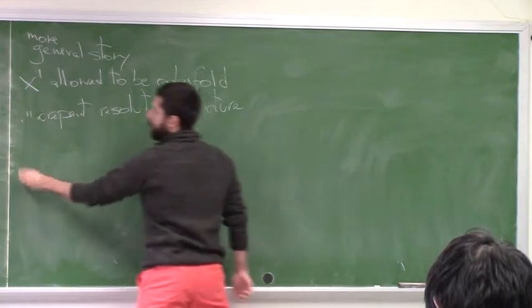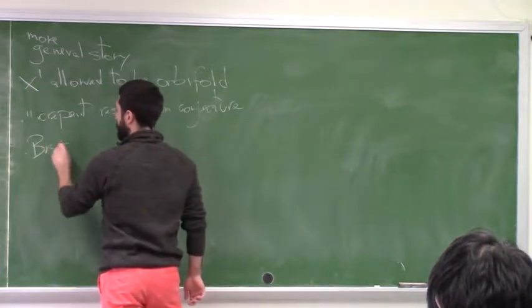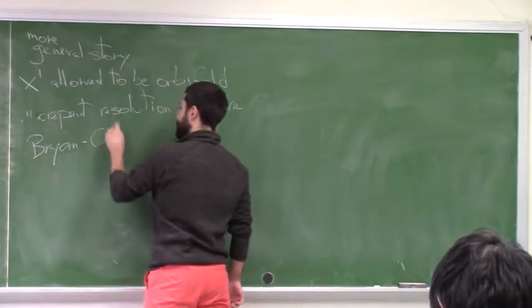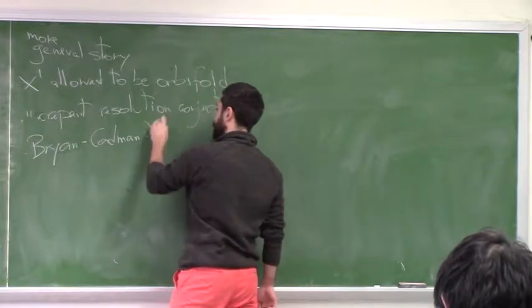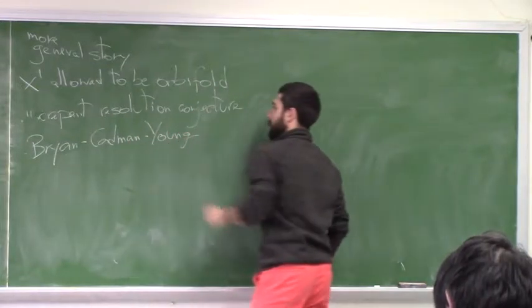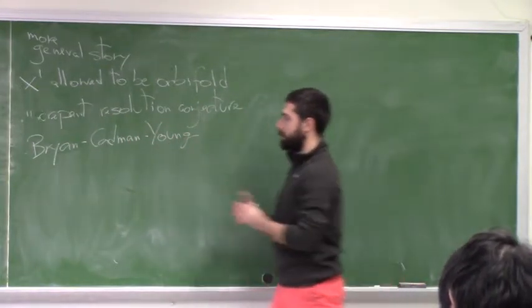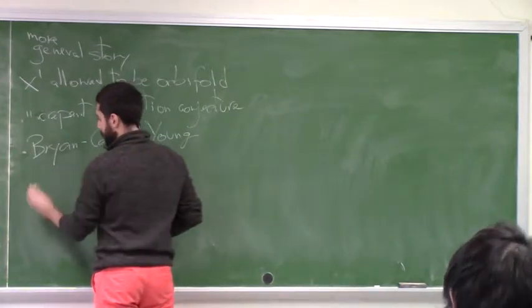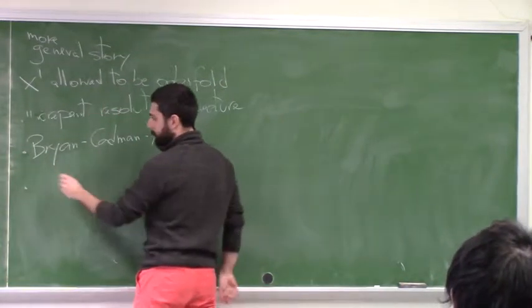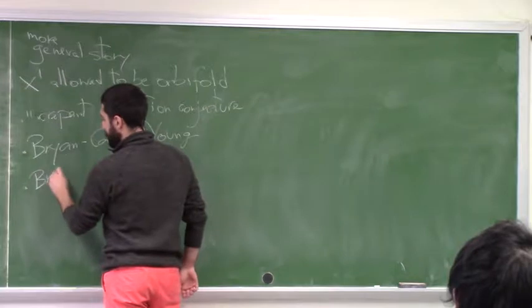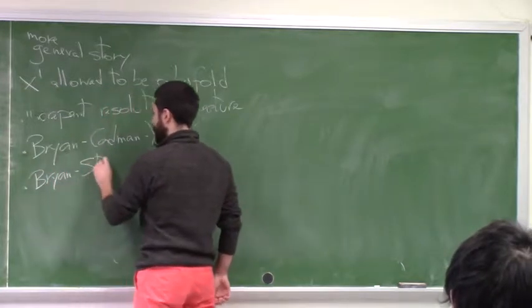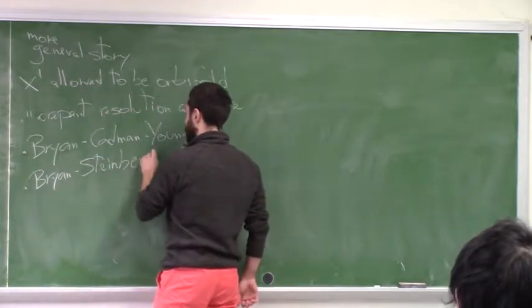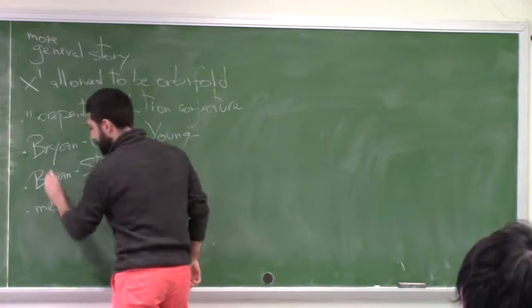The relevant people here are Jim Bryan, who made this conjecture, and there's a paper with Cadman and Young where they have an arsenal of very combinatorial computational techniques to attack this problem. Then there's work of Bryan and Steinberg. Then I give some partial results.